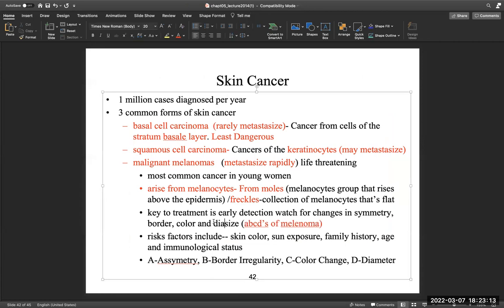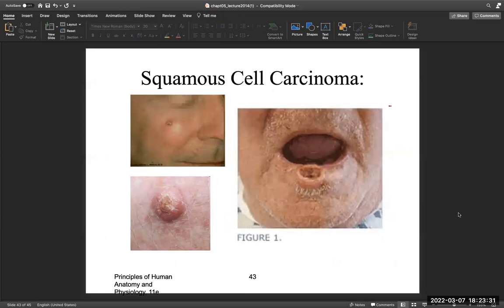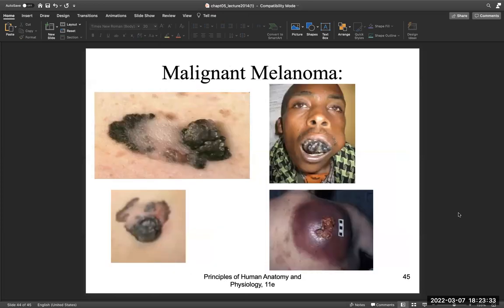So again, A, symmetry or asymmetry, B, border irregularity, C, color change, and D, diameter, which tells us the size. So let's take a look at this right here, and we'll see.